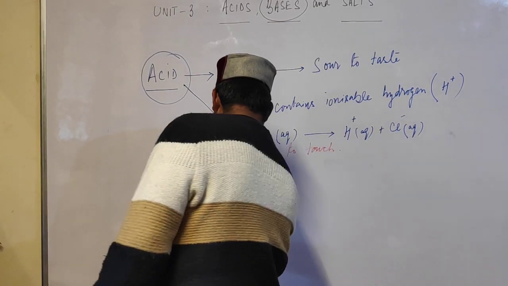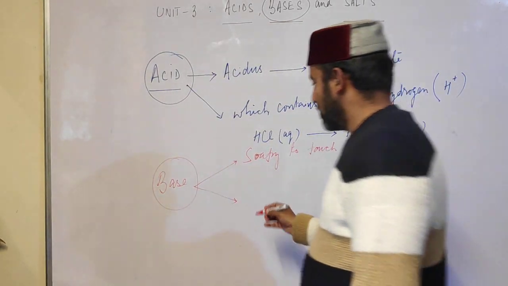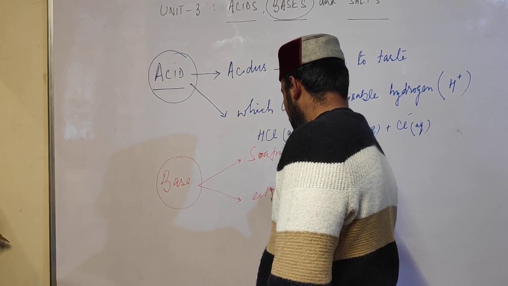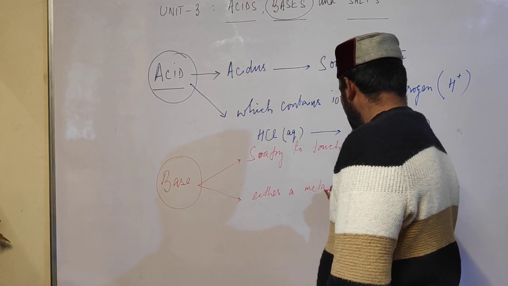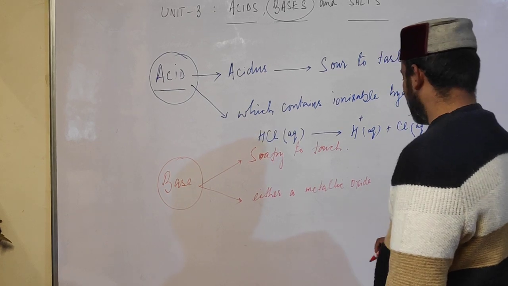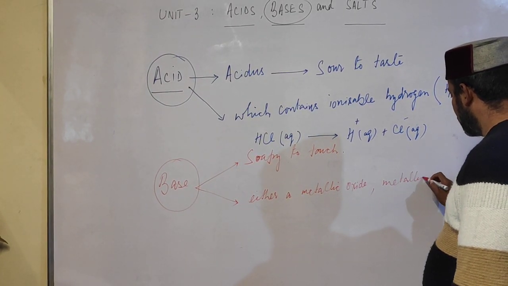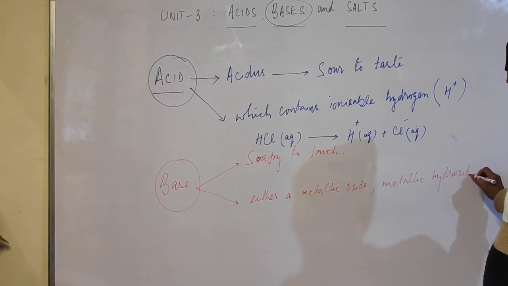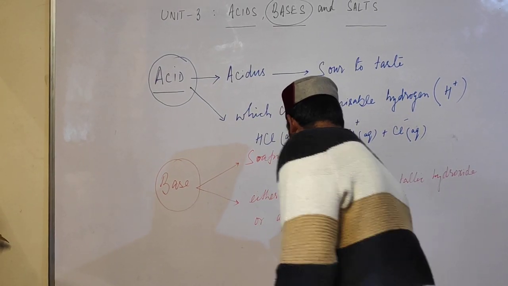And on the basis of chemical composition or chemical property, base is a substance which is either a metallic oxide, or a metallic hydroxide, or aqueous ammonia.